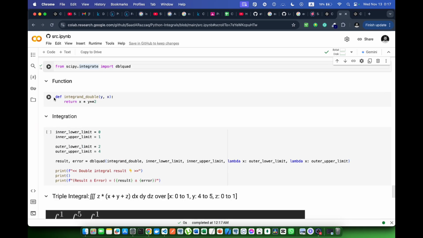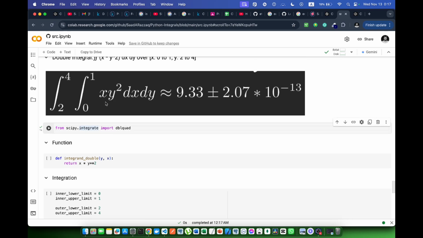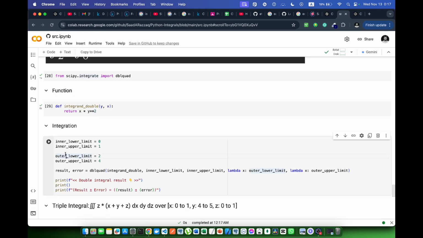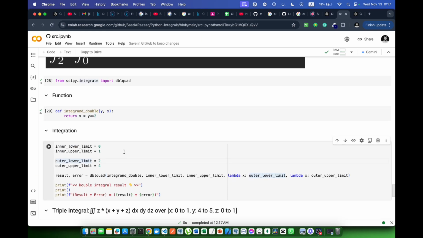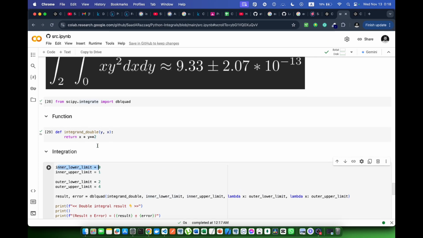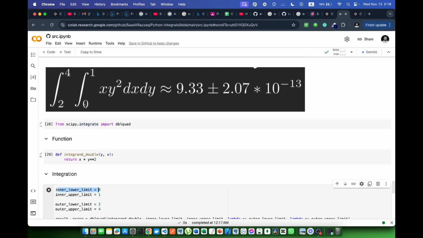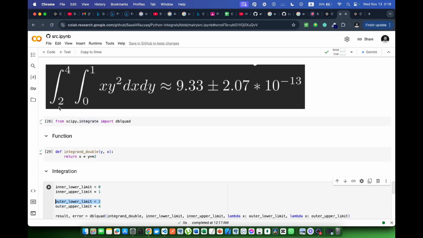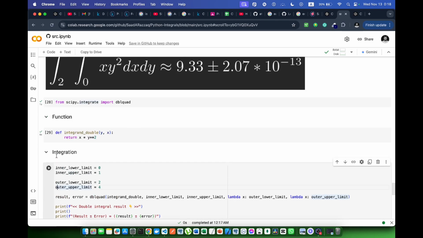After that we define the function, that is x y square, simply returning x y square. After that we perform integration, and for integration we define 4 variables. First, inner lower limit, that is 0. Then inner upper limit, that is 1. Outer lower limit, that is 2. Outer upper limit, that is 4.